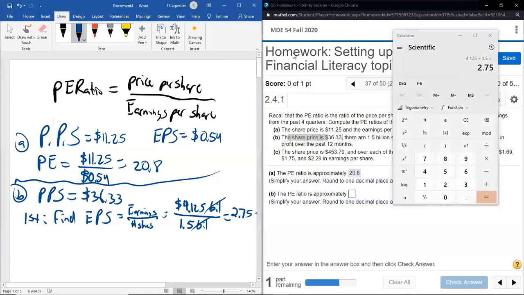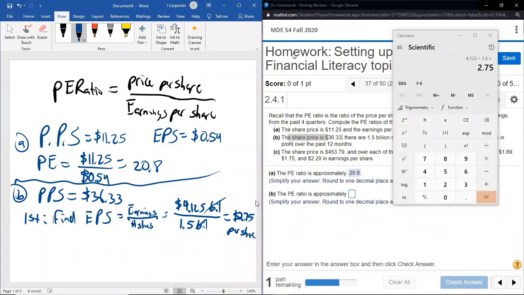Now, this dollar symbol is in the top. It doesn't cancel anything in the bottom, so that should be a, let me just give myself a little more space. So equals 2.75. And that would be per share.